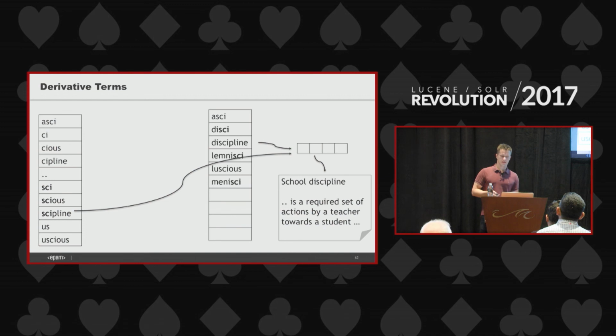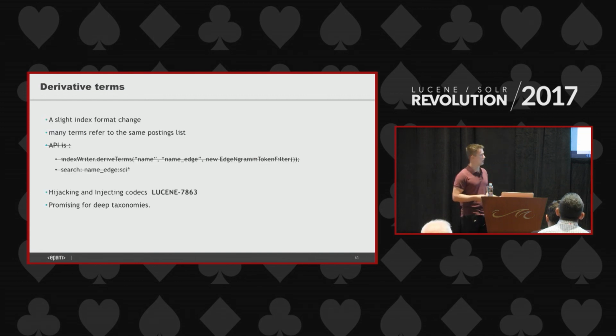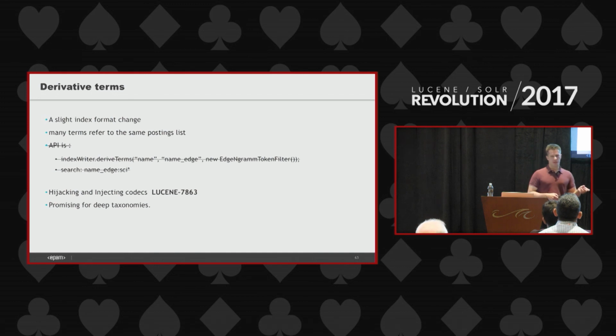That's what I try to do in my prototype. There is a Jira ticket where I work on this idea. It's still early prototyping. I'm benchmarking and fixing issues. It requires a slight index format change. It's a pretty small change, and it allows us to refer to the same posting from many term dictionary entries. So it's a good thing. Unfortunately, it cannot be done with the high-level Lucene API because it has to deal with quite low-level codec details.